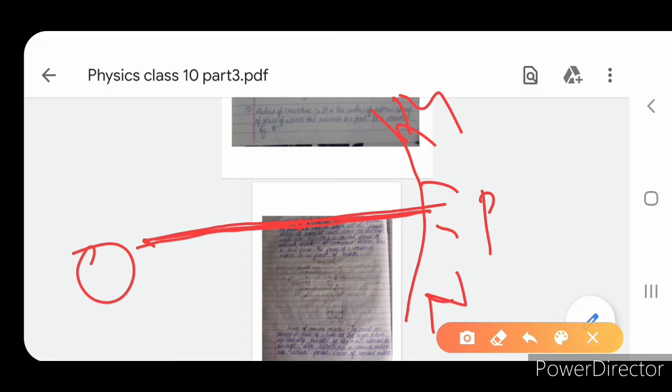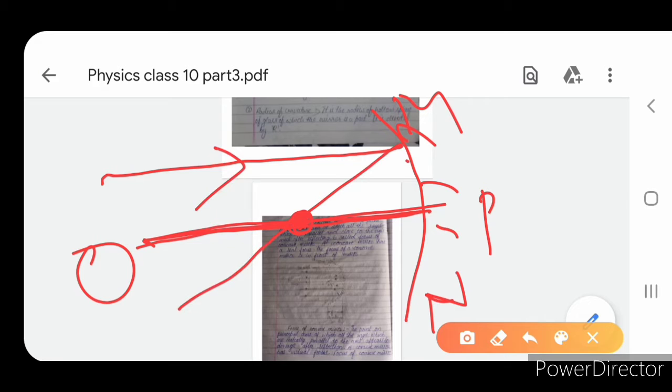The point on the principal axis at which the rays actually meet after reflection is called the focus of the concave mirror.